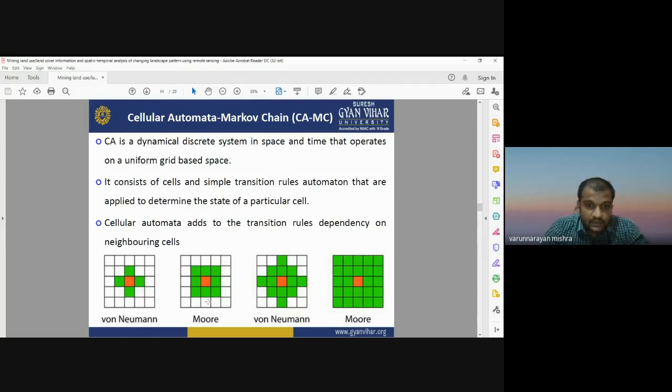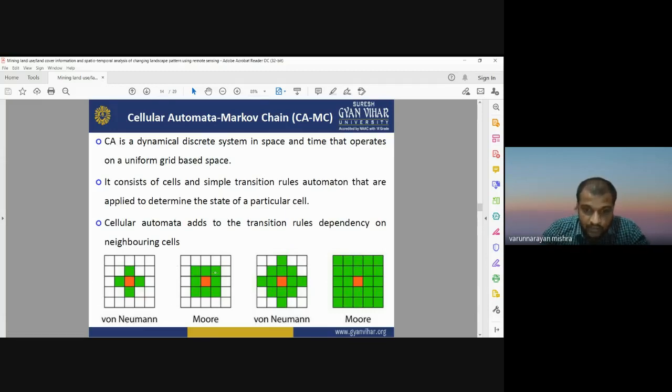In von Neumann, it also has the central pixel, that is the red pixel, surrounded by this many pixels of other classes. And Moore also has a different mechanism, a different condition to select the neighboring pixels.